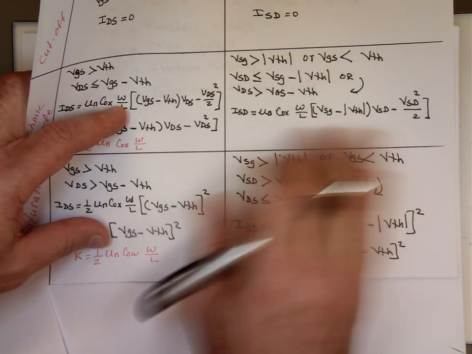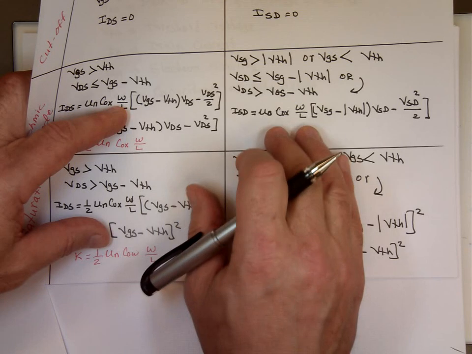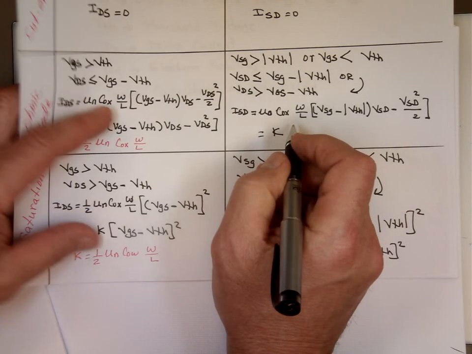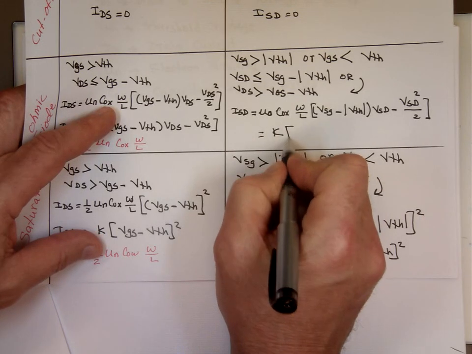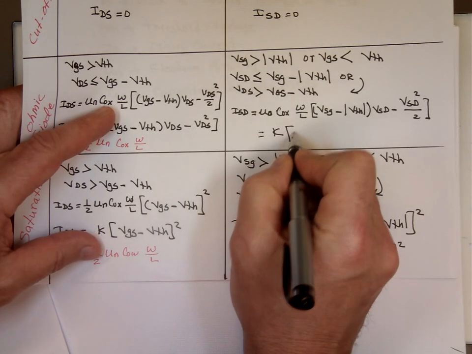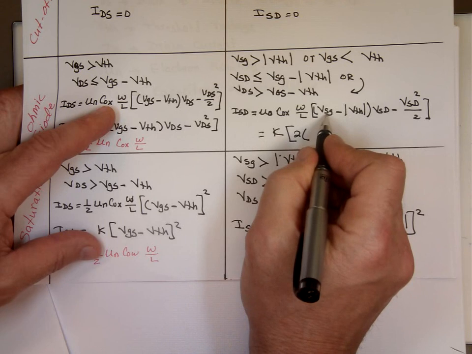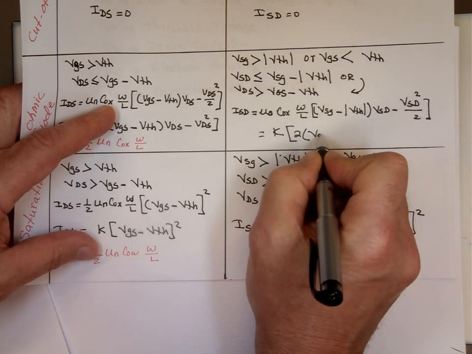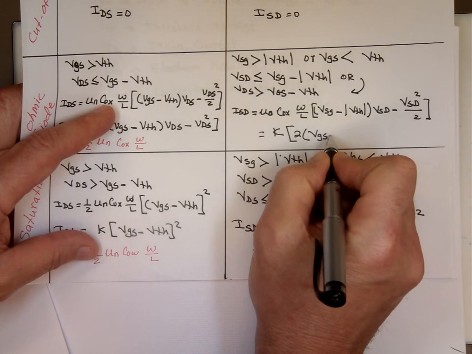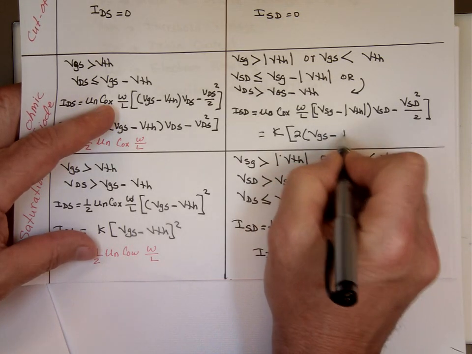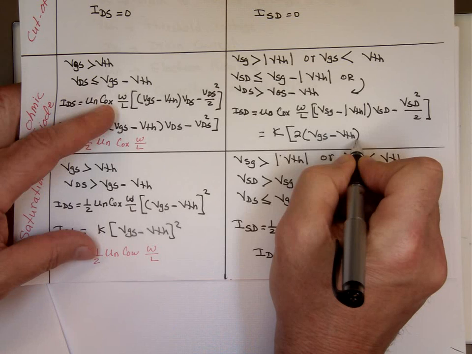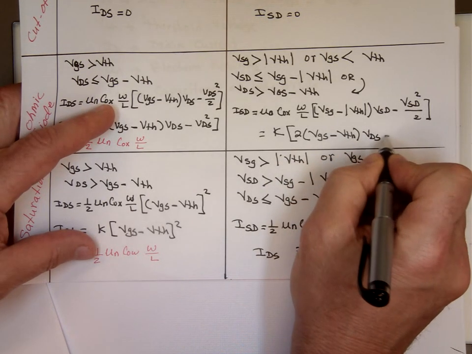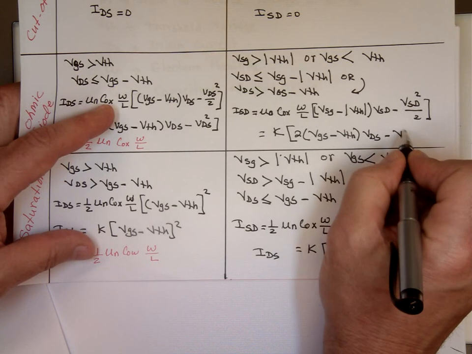But if you are actually in this mode, it's going to be K times 2 times, I don't like SG, so I'll use VGS, I use lowercase because my uppercase are horrible, minus V threshold, times VDS minus VDS squared.